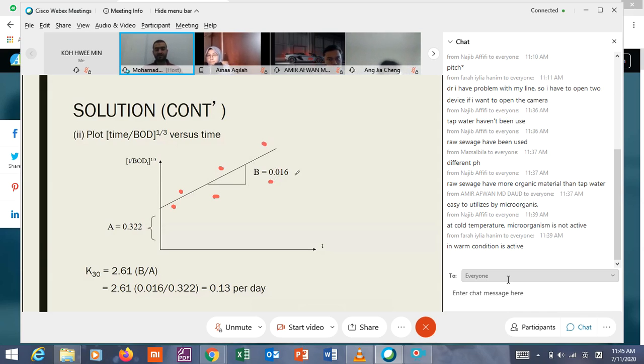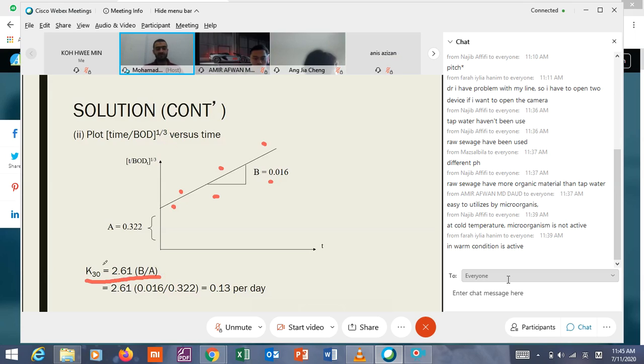So the slope is calculated as 0.016 and the intercept is calculated as 0.322. From this equation we can calculate the value of K30. Why is it K30? Why is it not K20?